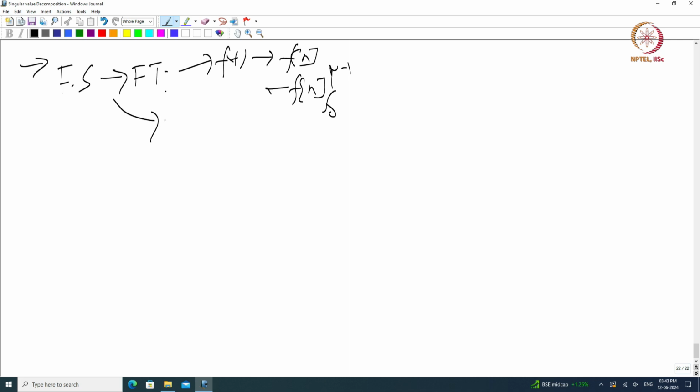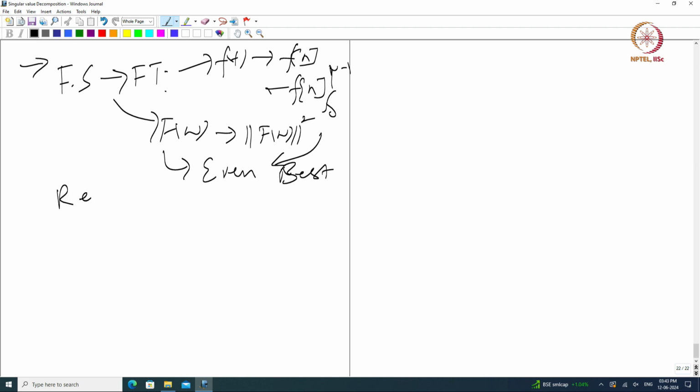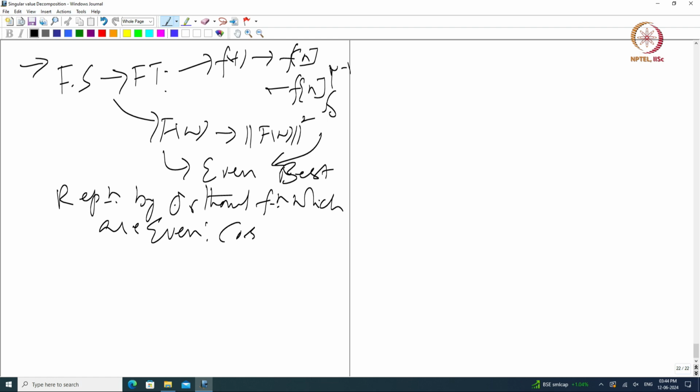We also looked at the Fourier transform, we looked at the magnitude squared of the Fourier transform plot. We realized that this is even, and even function must be best represented by orthonormal functions, basis functions, which are even, which is the cosine series.